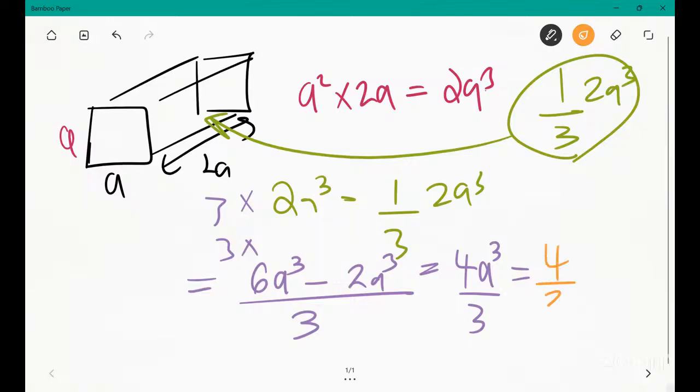So 4 over 3 into 2 cubed. So that is 4 over 3 into 8. So 4 into 8, 32 divided by 3. So you can write it as an improper fraction or decimal. Anything is fine. So as an improper fraction is 10^2/3 centimeters.